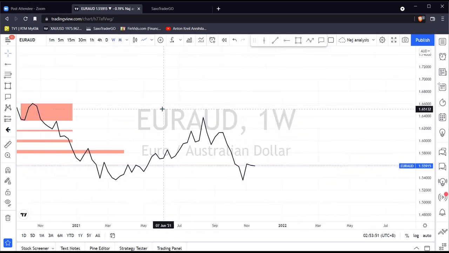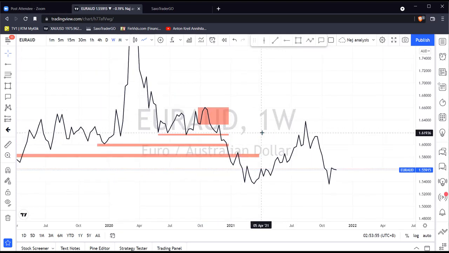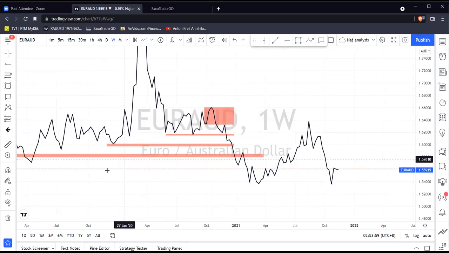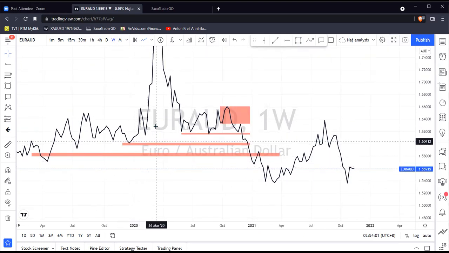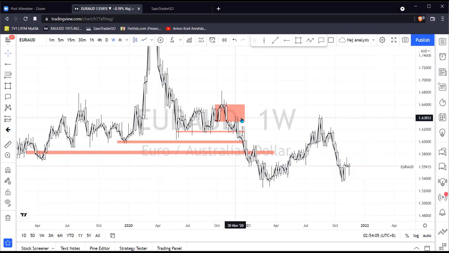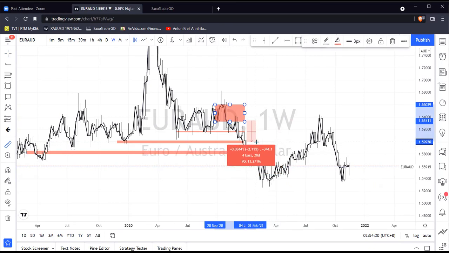When you open back to weekly, you see it's respecting all the TPs that we discussed. See, it does touch there. I won't go into detail on multi time frame because this is homework. But if you pick a trade from here, you're already profiting 400 pips. That's a lot.